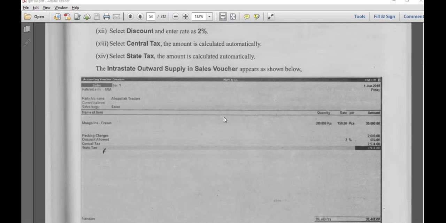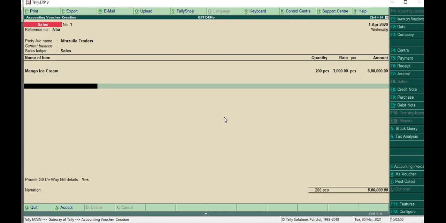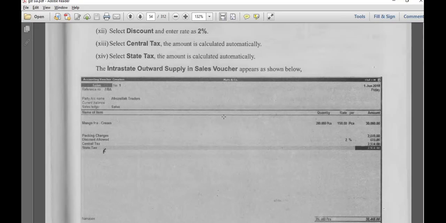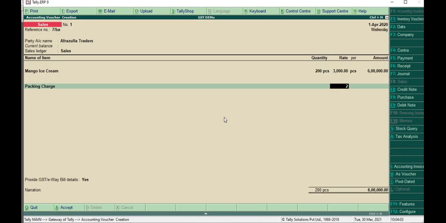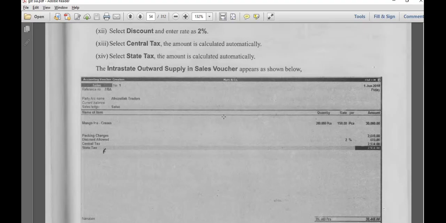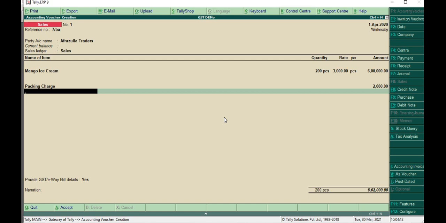Next you have packing charges. Packing charges are 2000. Next, discount allowed 2%.